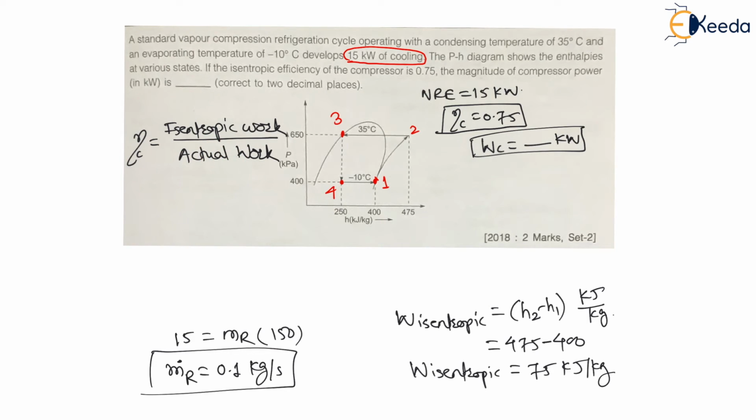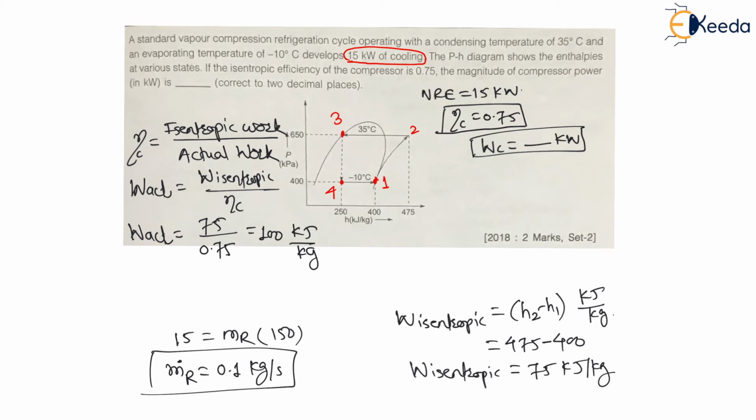Therefore, we can say the actual work of the compressor is equal to isentropic work, W isentropic, divided by the isentropic efficiency of compressor. Therefore, actual work is 75 divided by efficiency 0.75, right? From this we will get the answer equal to 100 kilojoule per kg.